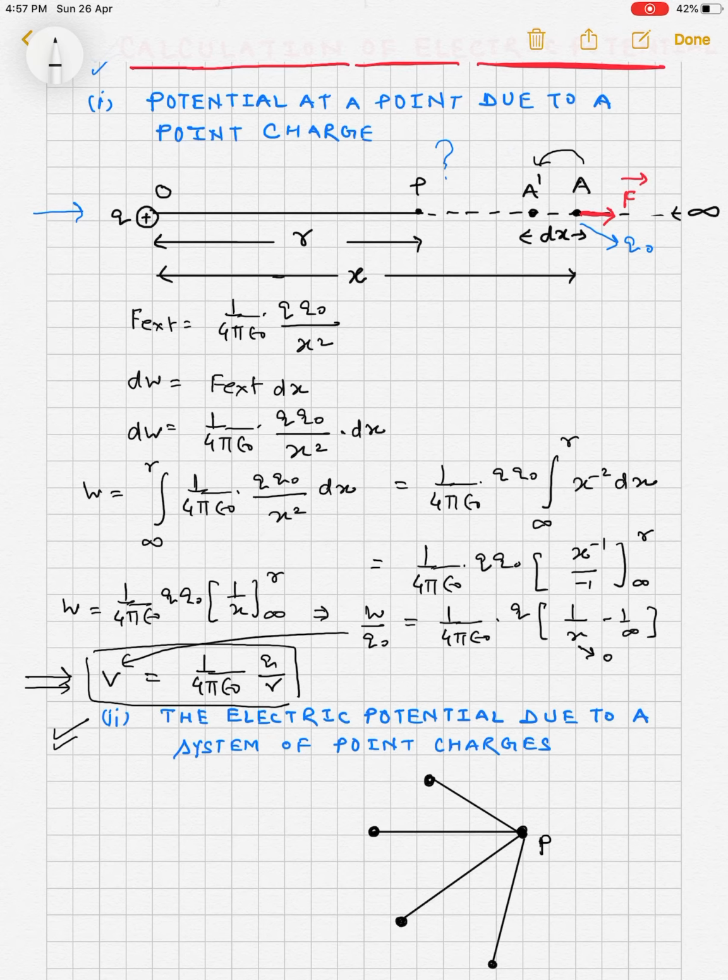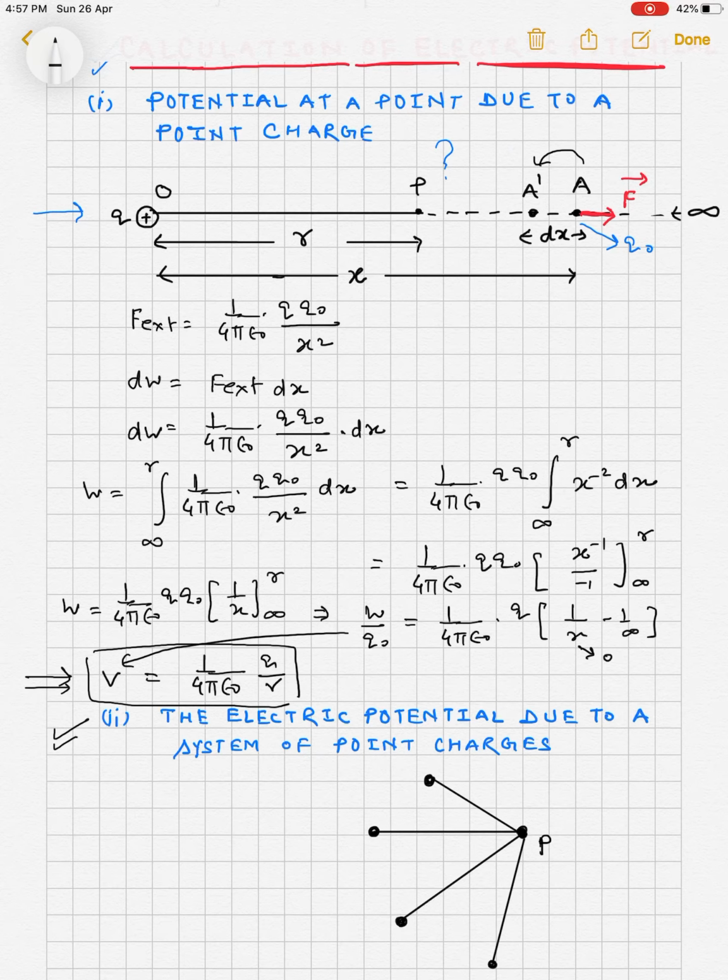In case of electric potential, the value of charge will be put with sign, whereas electric field was a vector quantity, so we did not put the value of q with sign. So here it is the important thing. In case of electric potential, we will put the value of q with sign. If it is minus, it will be put with minus sign.